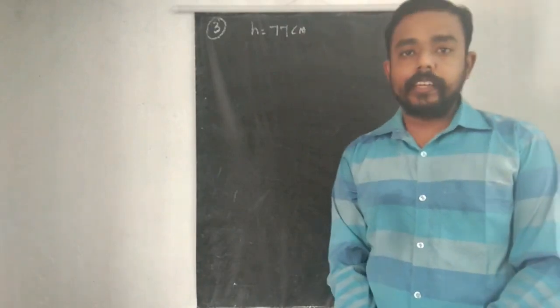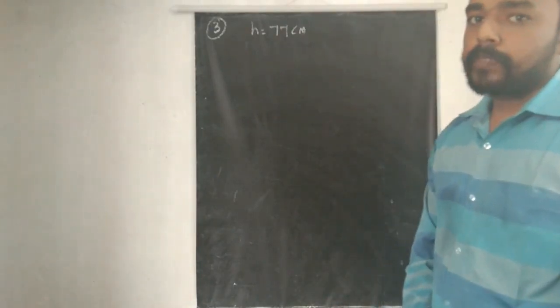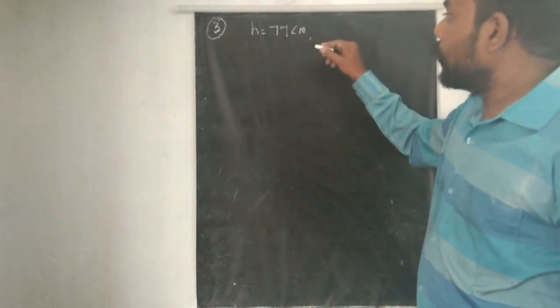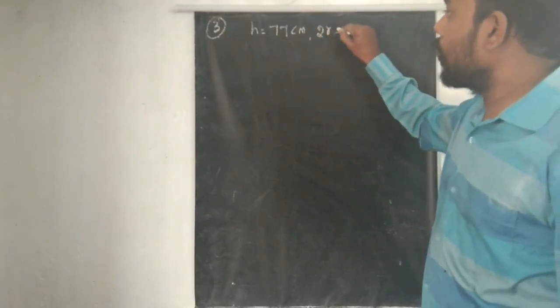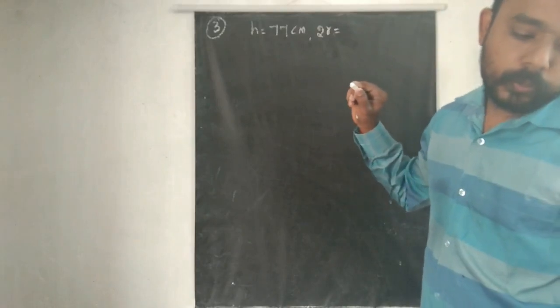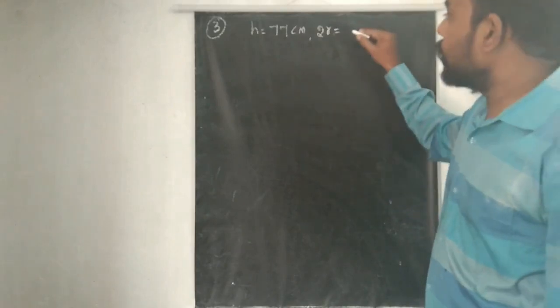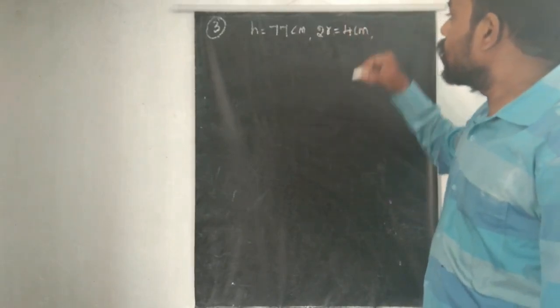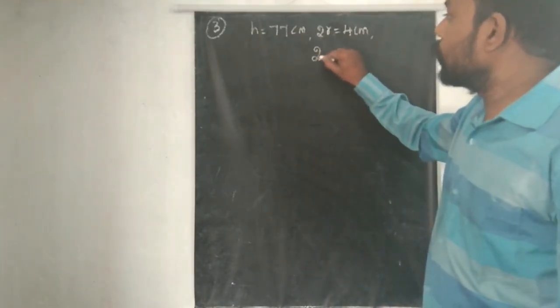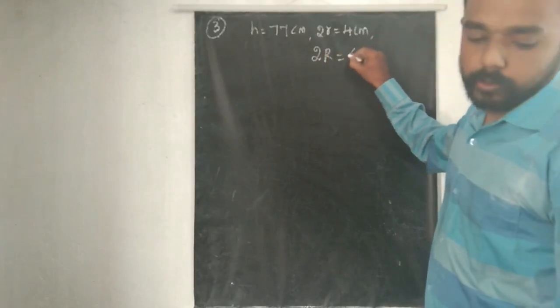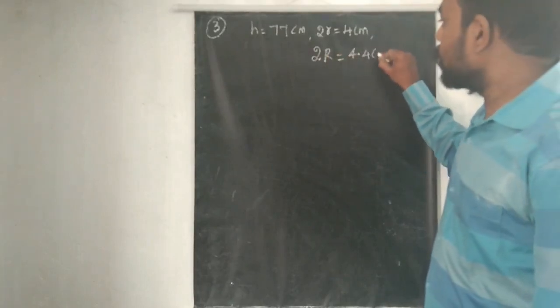Inner diameter, outer diameter, this is given. So inner diameter I am going to consider smaller. So 2r equal to 4 centimeter. Right. Next, outer diameter. I am going to use 2 into capital R equal to 4.4 centimeter.